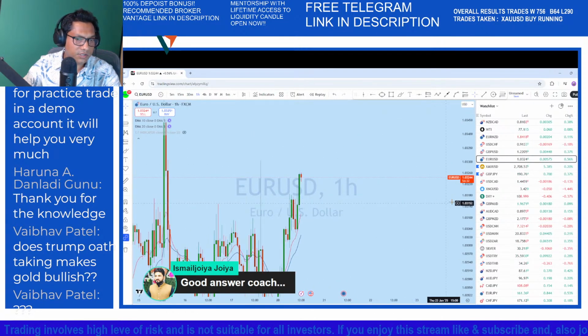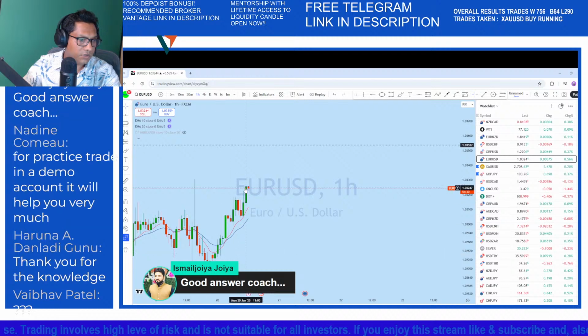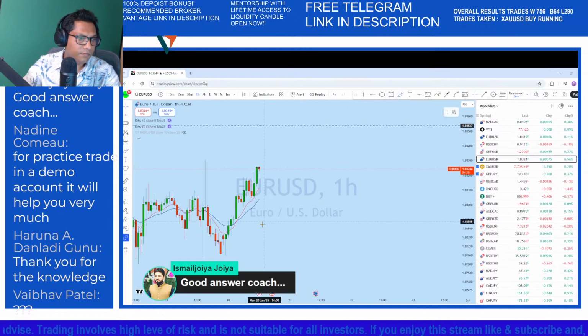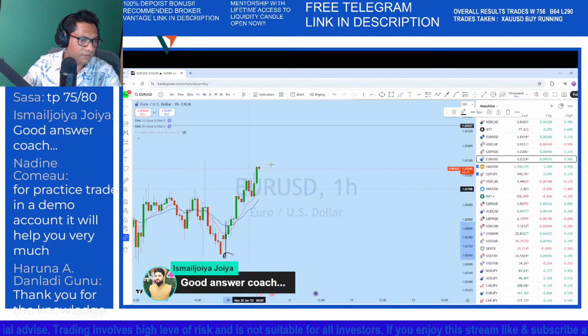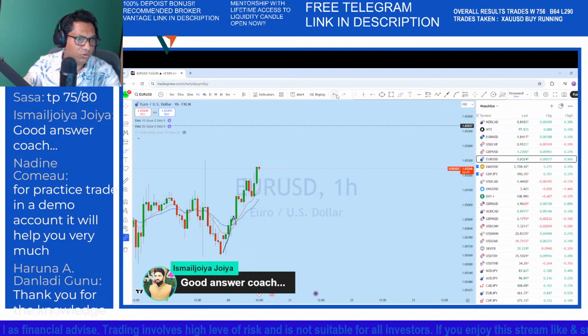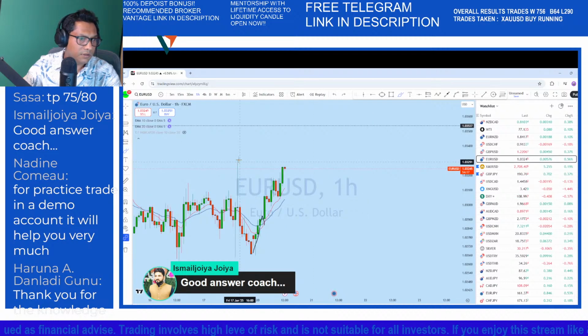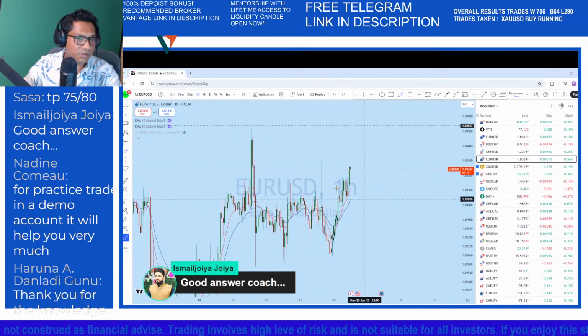Here is a series of higher lows. We can see from here a long wick rejection, an impulse correction. The market is forming a series of higher highs and higher lows, which is an uptrend. There is a long wick here, and also a long wick here. Two-sided long wick candles.